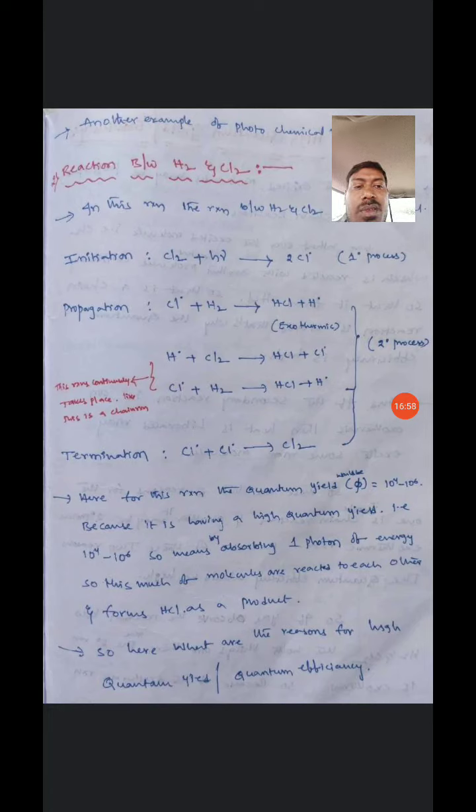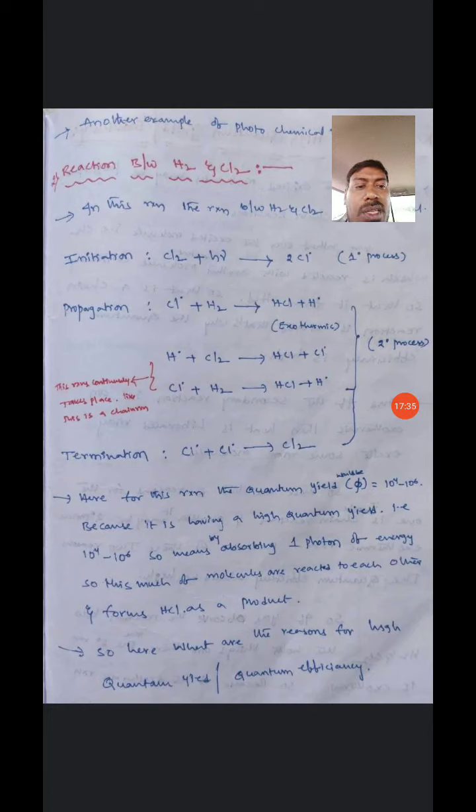The first is the initiation step, where chlorine, the reactant molecule, absorbs the light energy and forms two chlorine radicals. This is the primary process. The second step is the propagation step.